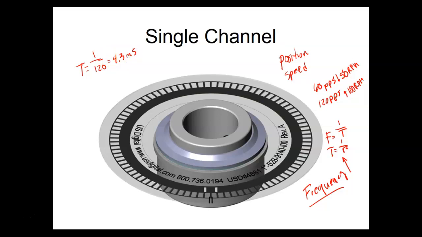Is that right? Somebody check on that for me. No, I'm sorry. This would be 8.3 milliseconds. Somebody check that for me. I'm pulling this off the top of my head. That's correct. Okay. I know this because AC runs at a frequency of 60 hertz.